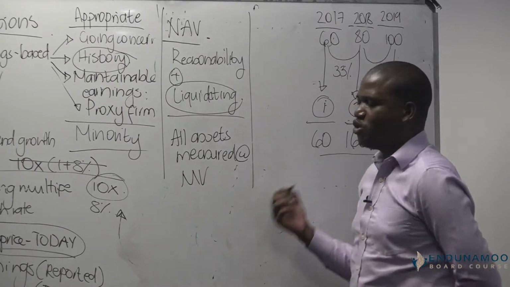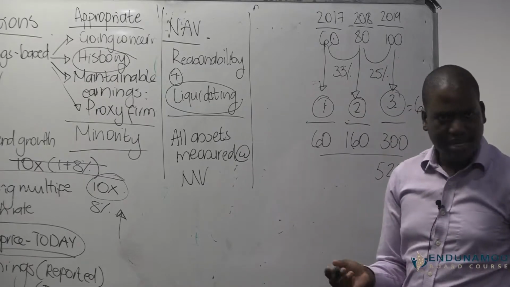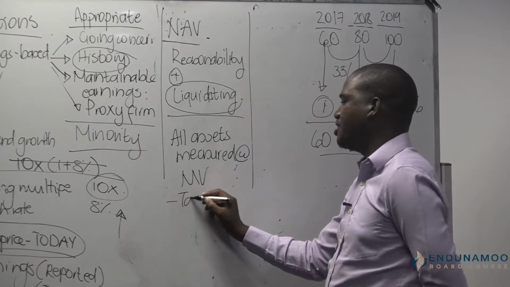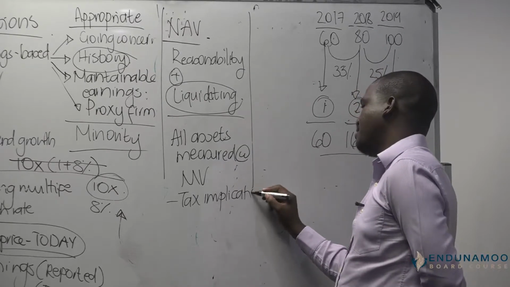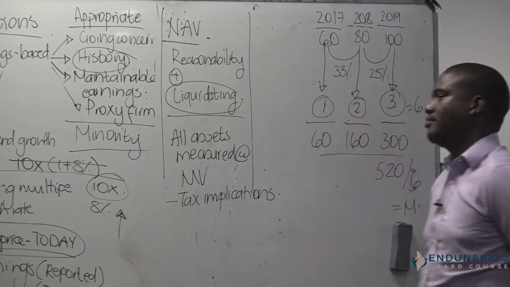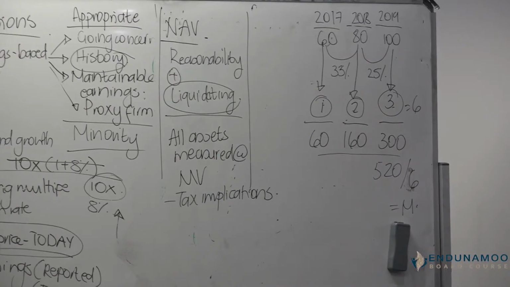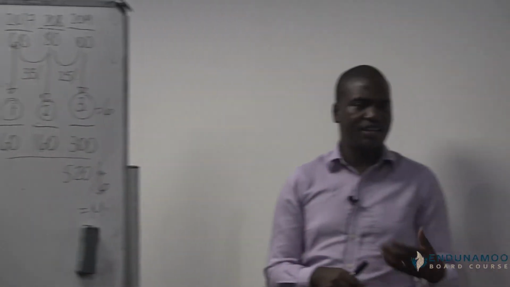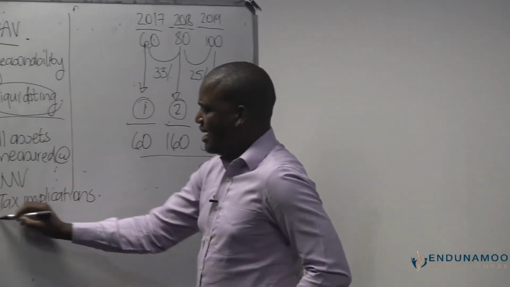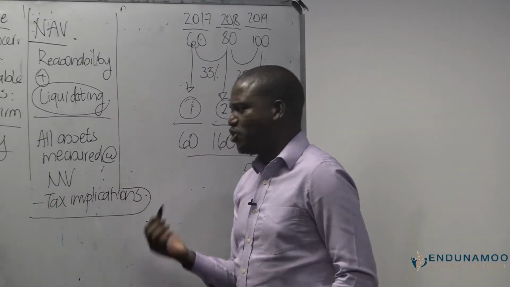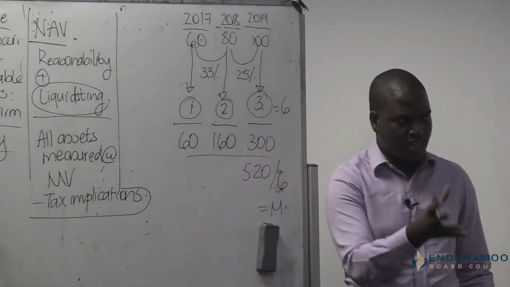And because we are assuming that we are selling them, any tax implications have to be considered. Are we together? Because I'm selling, so there are likely going to be recoupments and capital gains. But the idea here is a bit subtle because they're assuming that you're doing IFRS.